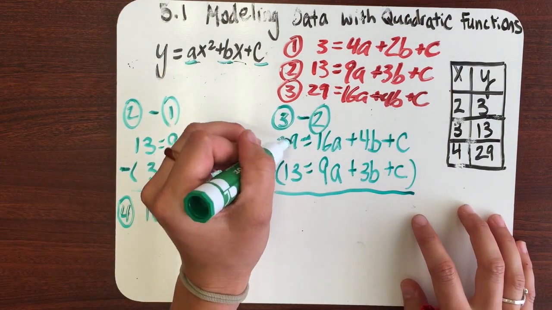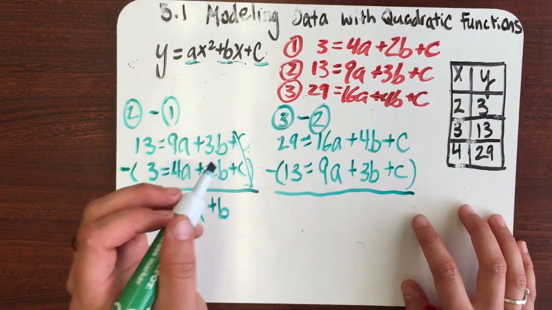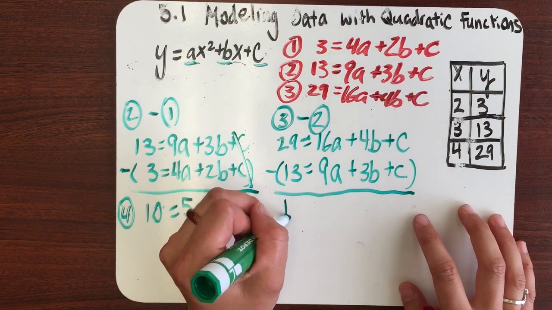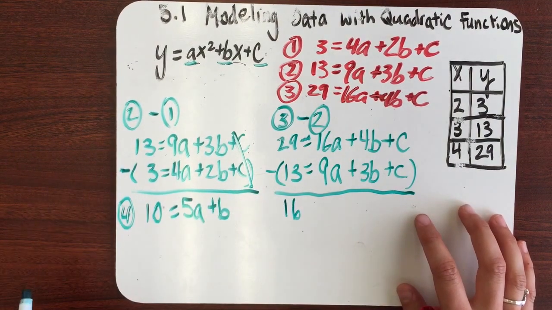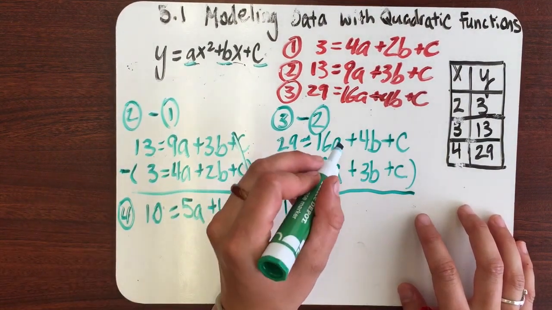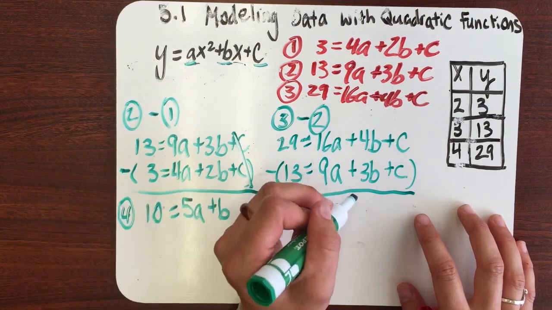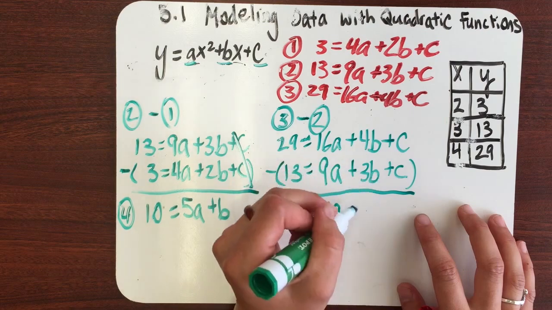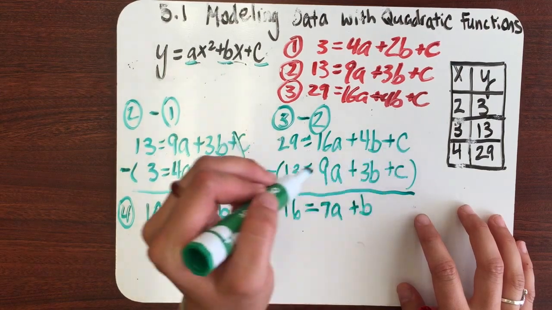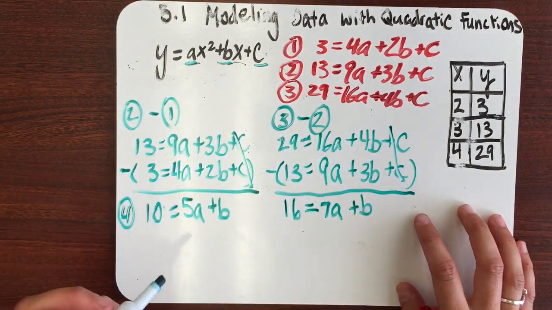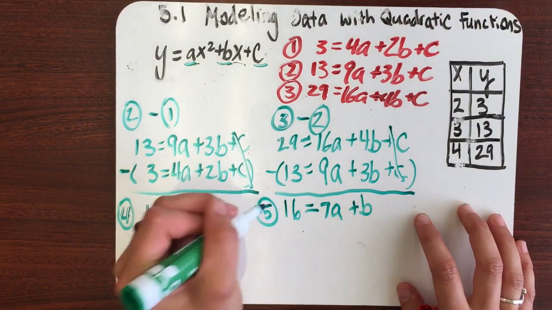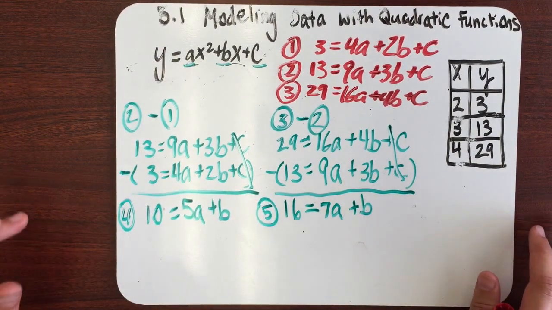Now we'll subtract them. 29 minus 13, that's going to give us a 16, is equal to 16 minus 9 will give us a 7a. 4 minus 3 will give us b. C minus c will be eliminated. We'll call that equation 5.